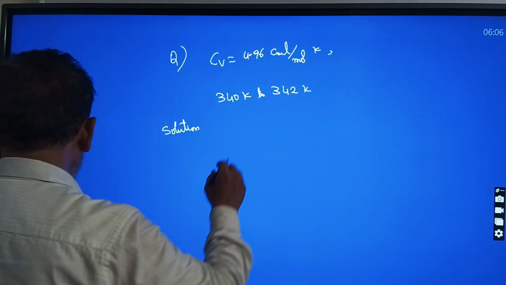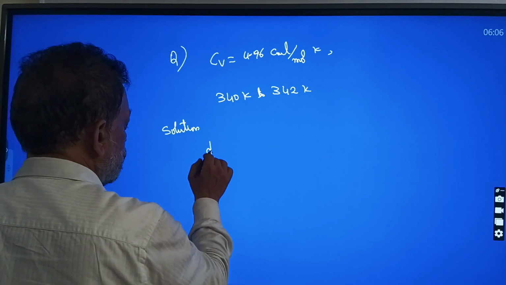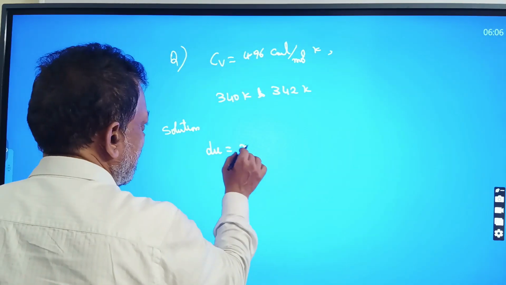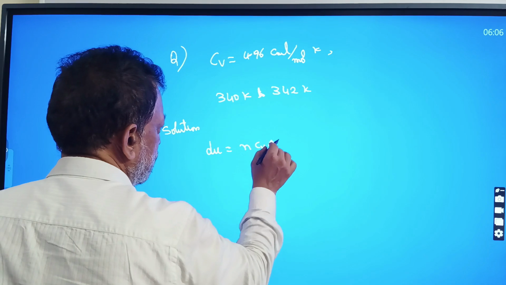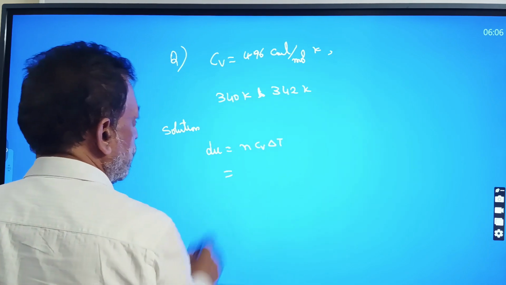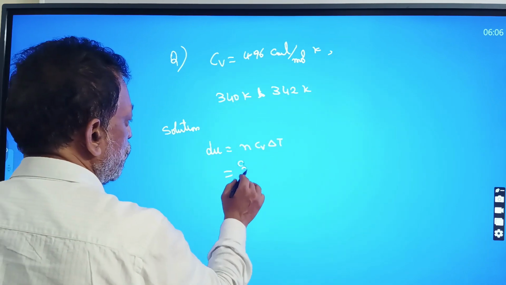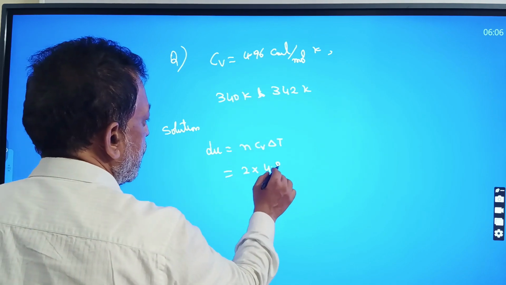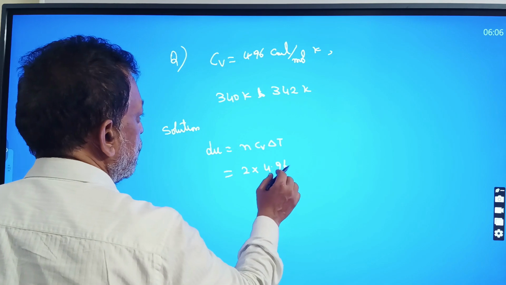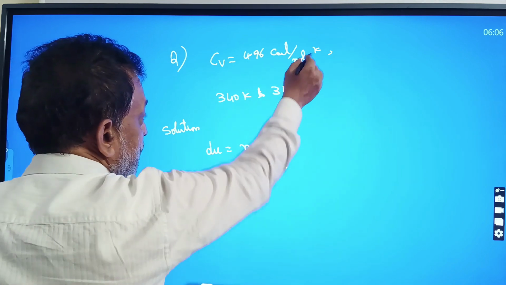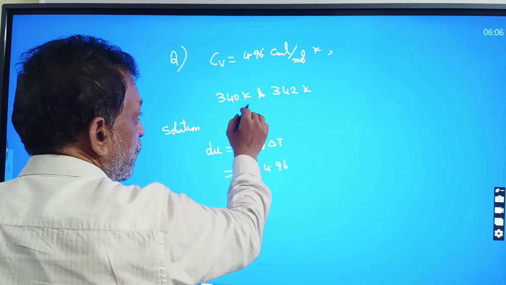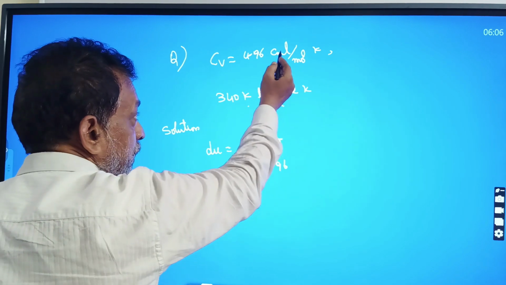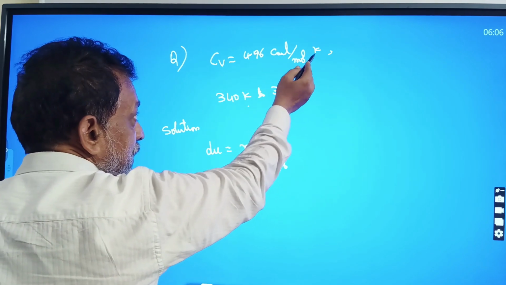What is the internal energy? dU is equal to n CV delta T. Now substitute. How many moles are there? 2 moles. CV is given as 4.96 calorie. Temperature is given in Kelvin. If they give degree centigrade, you have to convert. Check the unit, the most important thing. Kelvin is given, so no problem. The temperature difference is 342 minus 340. So we get 19.84.